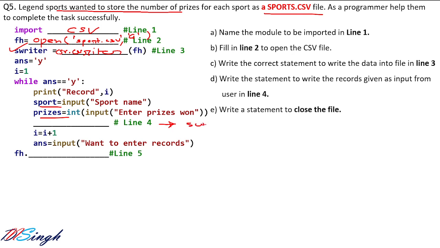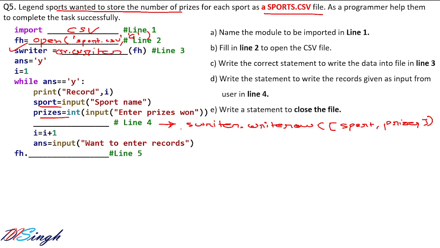So this is the writer object. I will write here because my pen is too large. writer.writerow, and inside writerow, what will we put? We will put these two things: sport comma price.